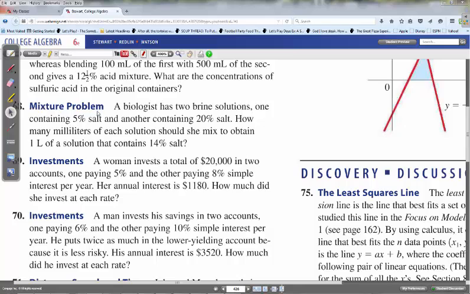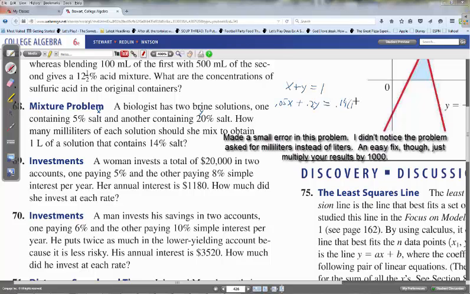So I'll call this one X, this one Y. I know if I add them together, I have 1 liter total, and then my total salt, I have 5% of X is salt, I have 20% of Y is salt, so 0.05X plus 0.20Y would equal the total salt in the solution, so that would be 0.14 times 1. Solve that system and you'd have your answer.